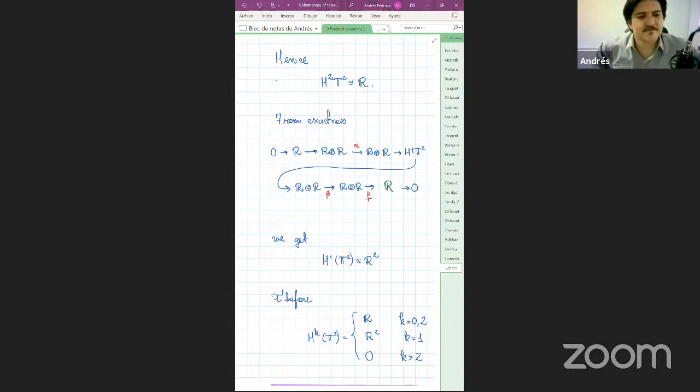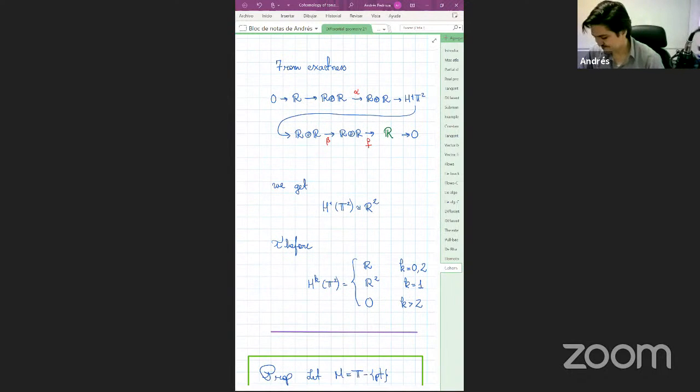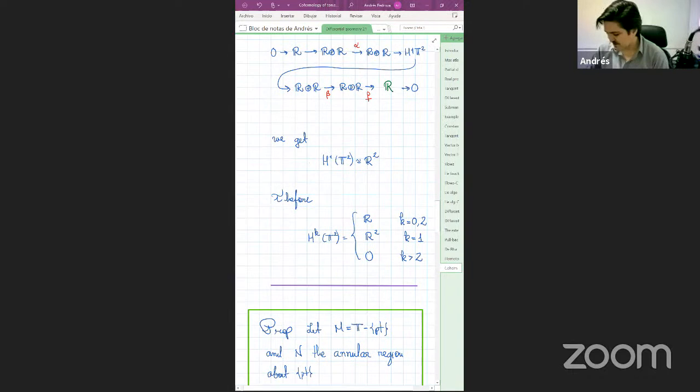Again, compared to yesterday's computations, these are a little bit more involved. In terms of difficulty, it is the same as what we have done for the torus. So I'm going to state a result that will be useful. I'm not going to prove this.